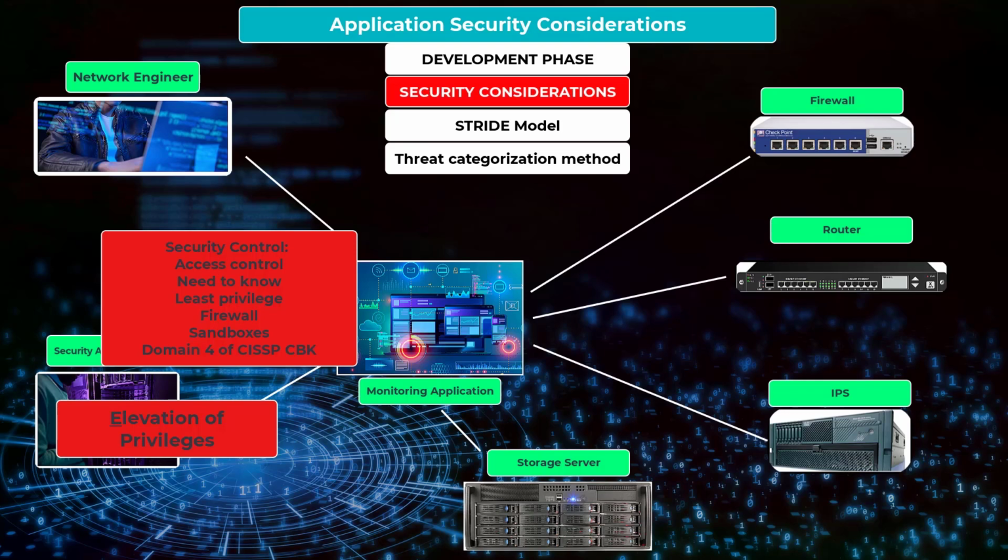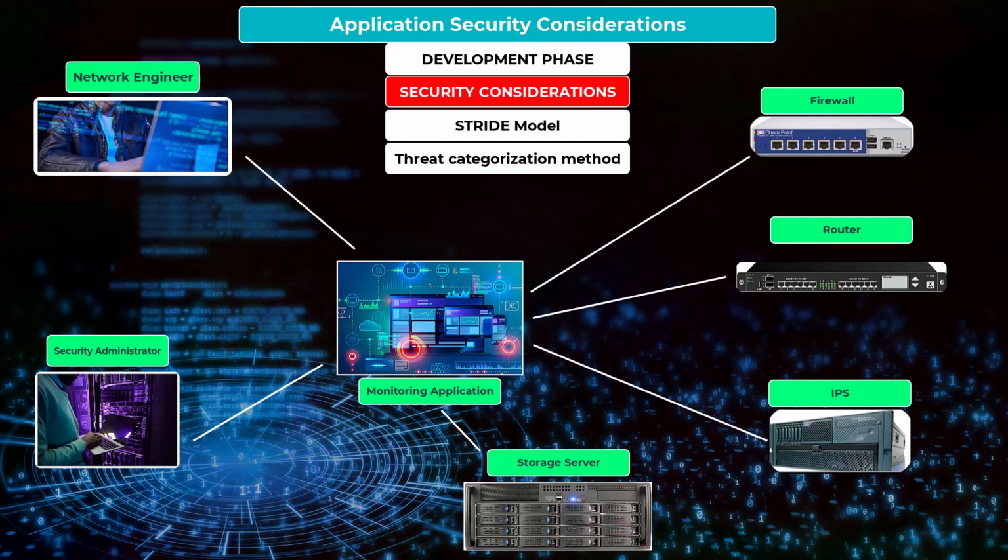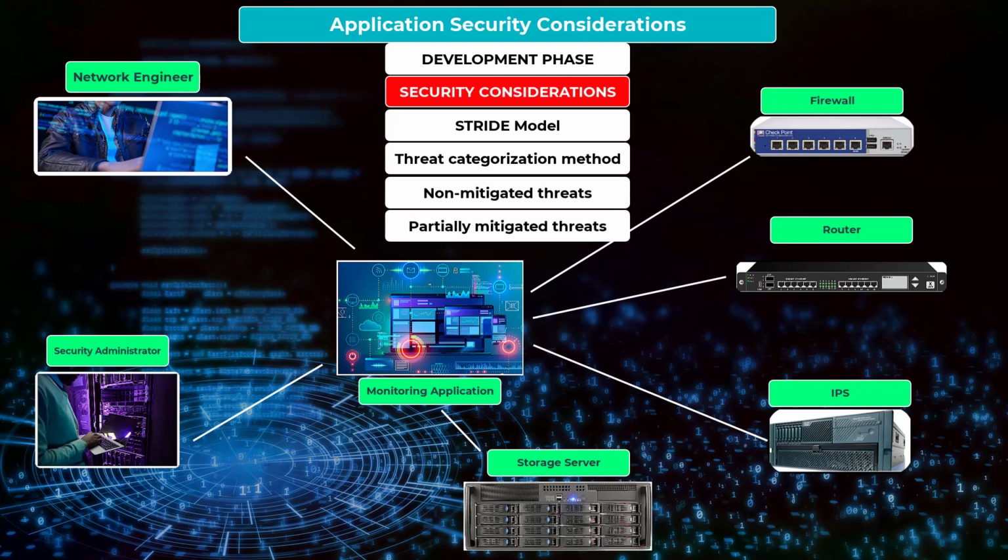For our STRIDE threat modeling model, we have listed some of the threats and their countermeasures. But you don't have to do this completely all the time. You can break it down into different categories like non-mitigated threats, partially mitigated threats, or fully mitigated threats. Like what I said earlier, there's some threats that we might fix, might not fix. It doesn't matter as long as we have identified it.